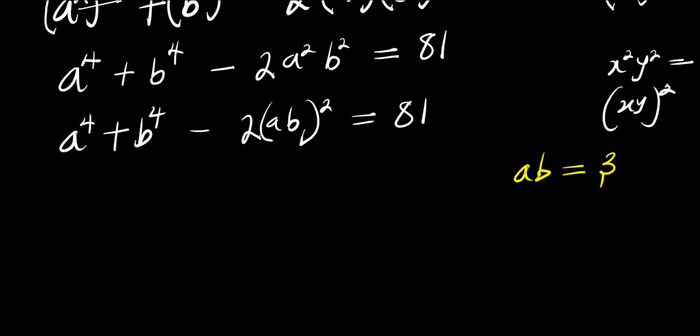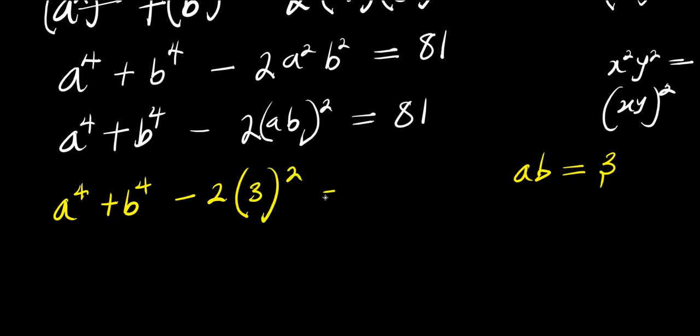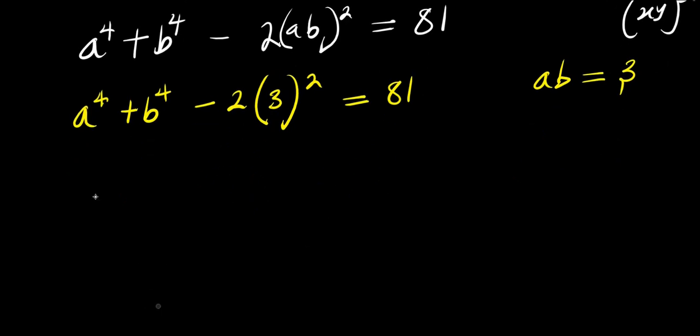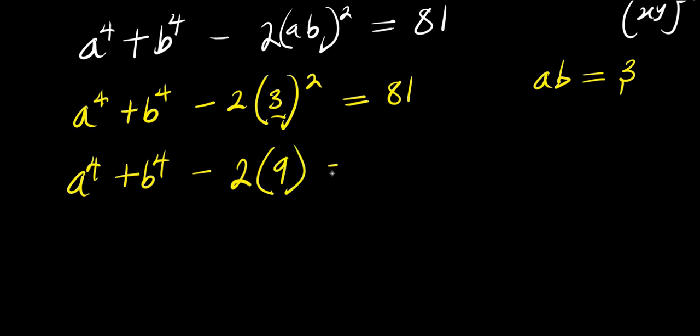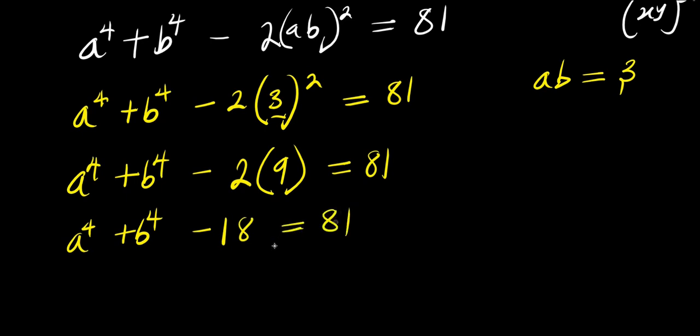So I'm going to substitute it here. A power 4 plus b power 4 minus 2 times ab, that is 3, power 2 equals 81. A power 4 plus b power 4 minus 2 times 3 power 2, which is 9, equals 81. We have a power 4 plus b power 4 minus 18 equals 81.